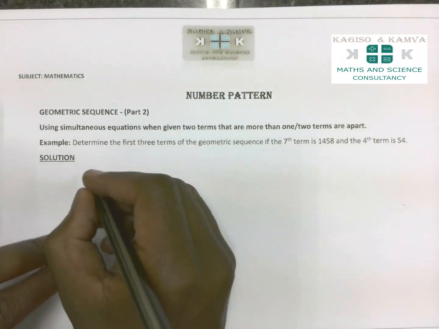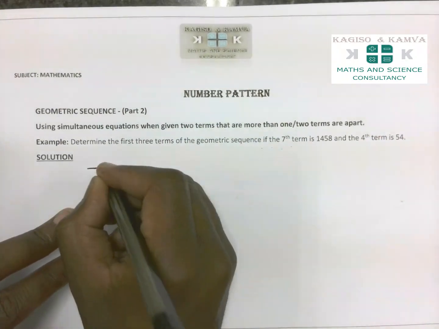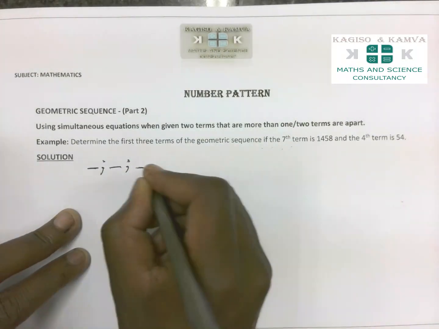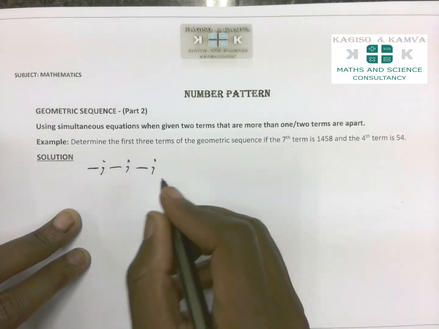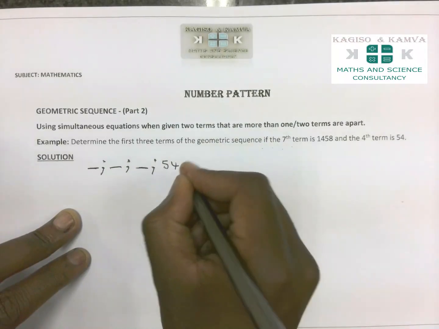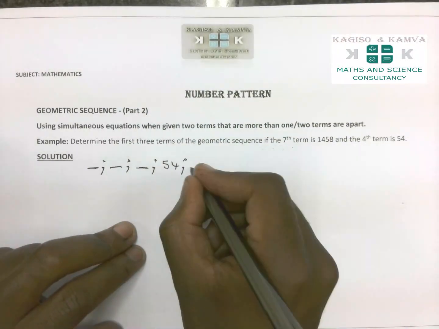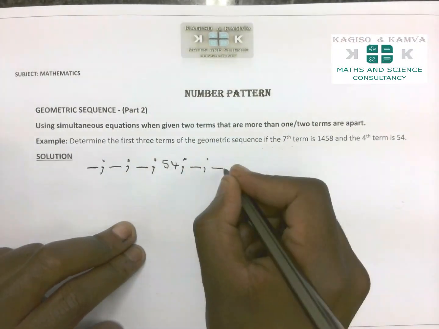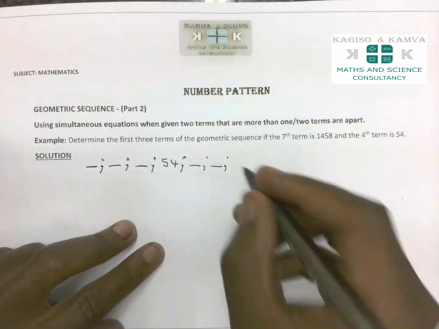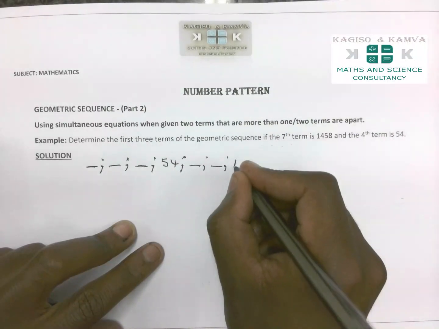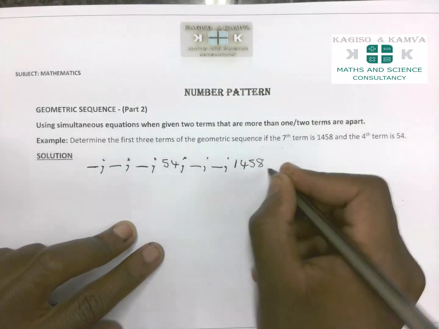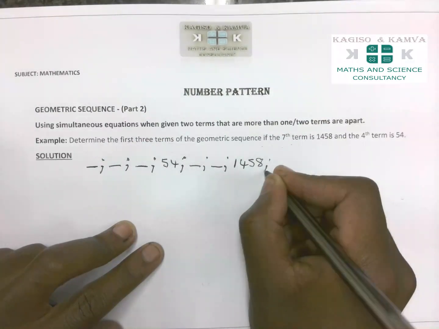We've got a sequence where the first three terms are empty, we do not know them. The fourth term is equal to 54. The fifth term is empty, the sixth term is empty, and the seventh term is 1458.